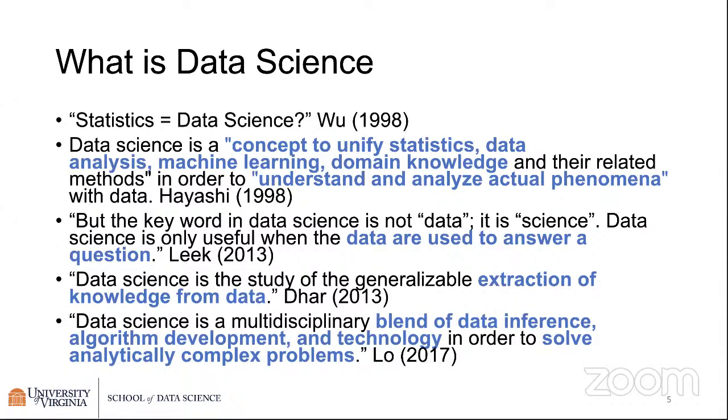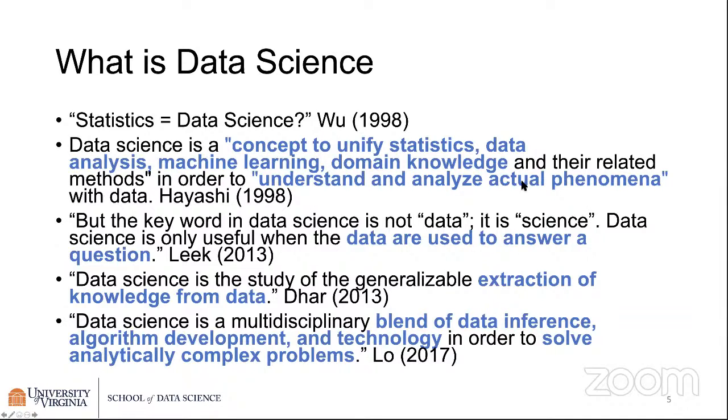As you're thinking about it, notice that in a lot of them we have this unifying of multiple areas. A blend of data inference, algorithm development, technology. So this idea of integration of fields, interdisciplinarity, runs along a lot of the ideas of what data science is.